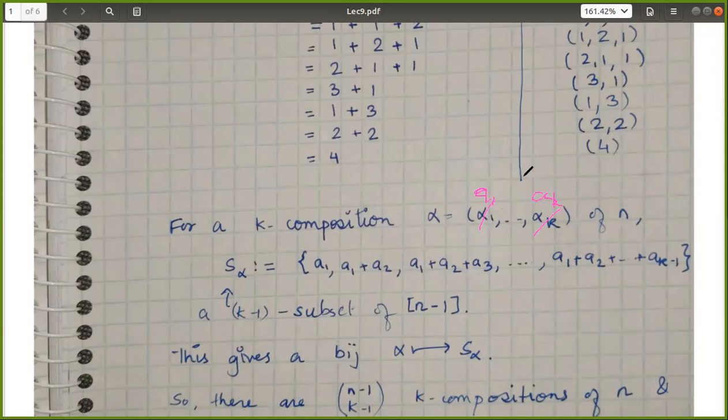So let's say the first point where you hit that different element is at some alpha p. Till a1, a2, and so on, up to a_(p minus 1), things will be the same.